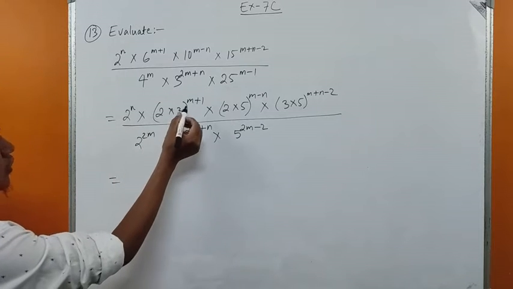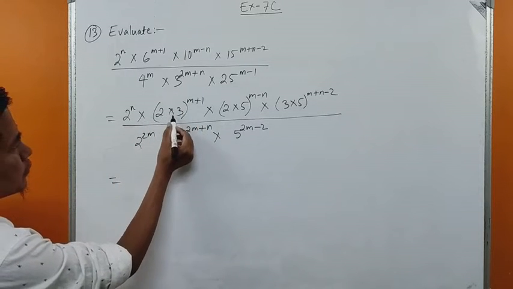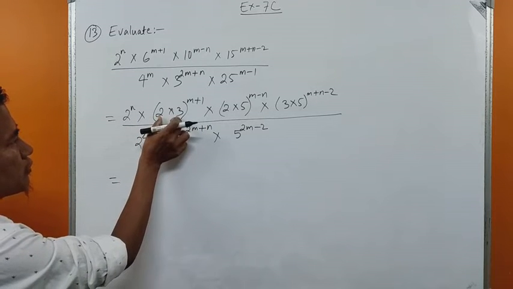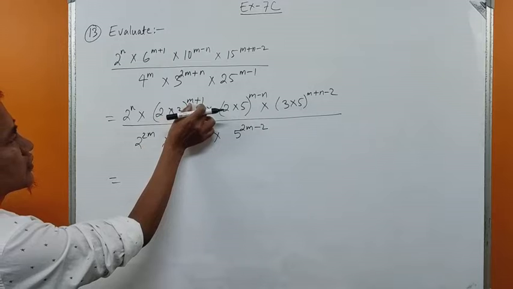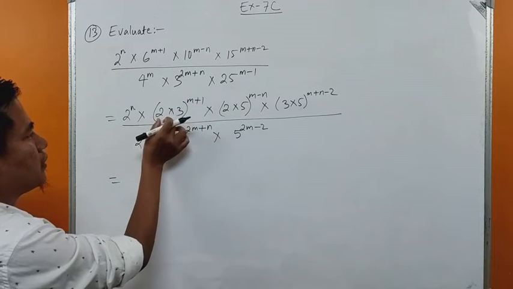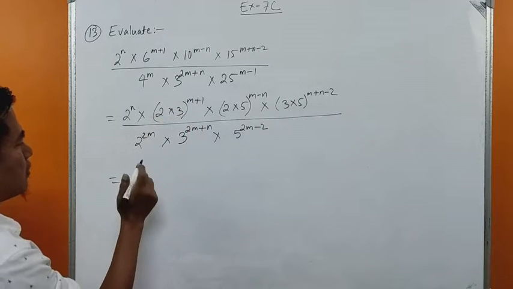Now we write this power separately to both the numbers 2 and 3, because both numbers are within the bracket and the power applies to both, so we write it individually.